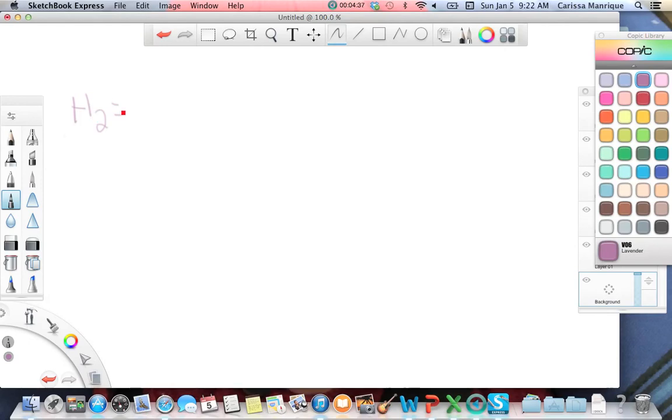So we know this is at least elemental. Now, is it atomic or is it molecular? Well, since there's more than one hydrogen, it's not just H, it's going to be molecular.